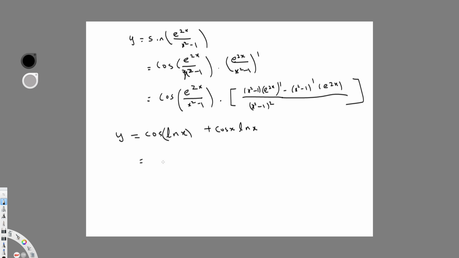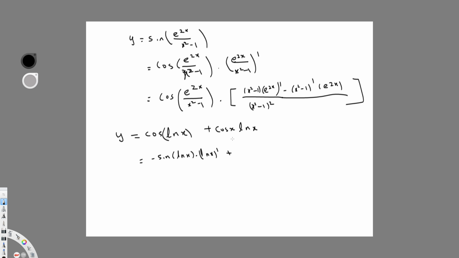So first of all, the derivative of cos is going to be negative sine of ln x, and dot the inside derivative, the ln x derivative.